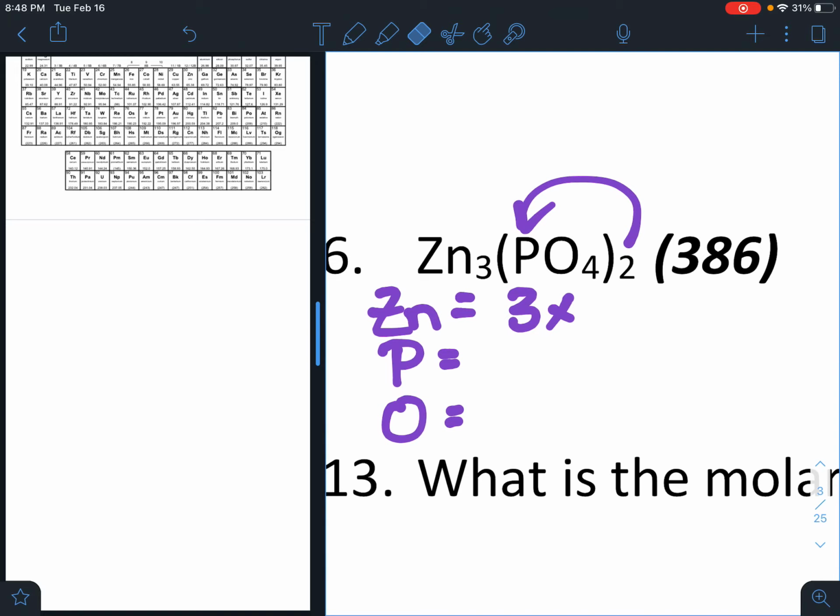So if we have 2 PO4s and each PO4 only has 1 phosphorus, that's 2 phosphoruses total. And then for the oxygens, if we have 2 PO4s, then you have 2 O4s. So you would multiply that 2 and that 4 to get the total number of oxygens. So we have 8 oxygens in this one.